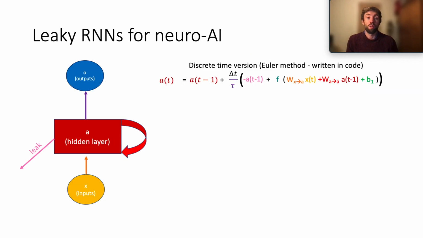In a previous video, we've seen the leaky RNN, which is a version of the continuous time RNN that has been discretized and is commonly used even traditionally in computational neuroscience.